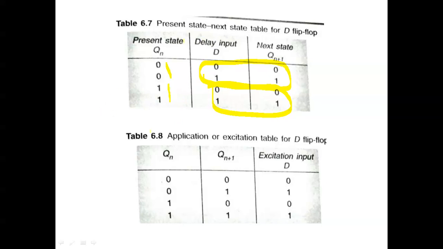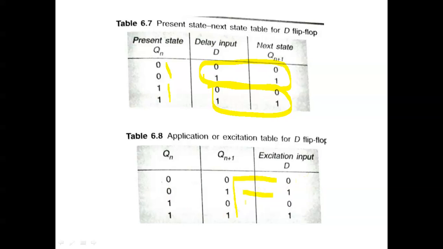Application of excitation table. Excitation table for D flip flop. So present and next state are there. So present state is 0 0 1 1, and next state is 0 1 0 1. Excitation table. So if it is 0, it is 0.